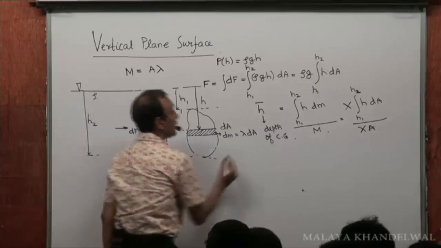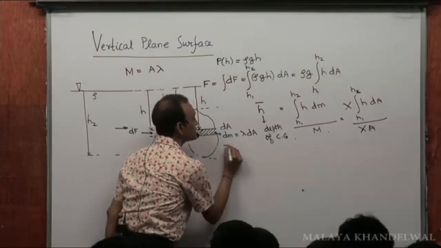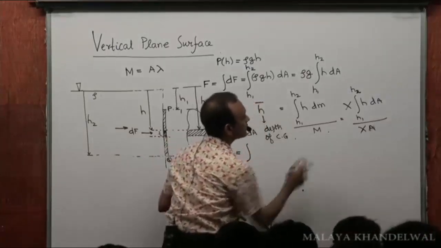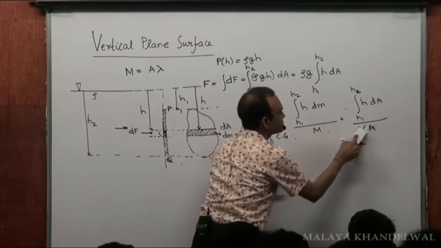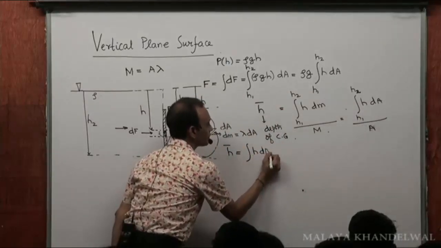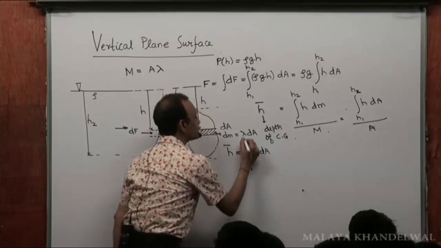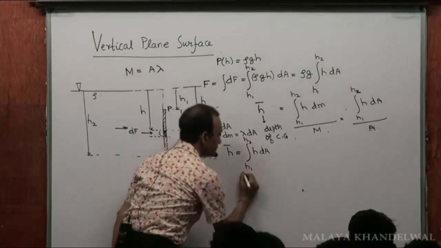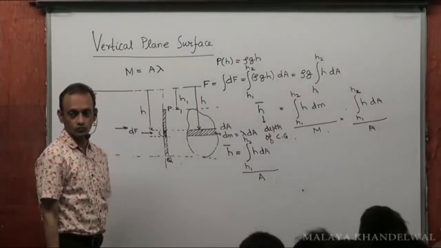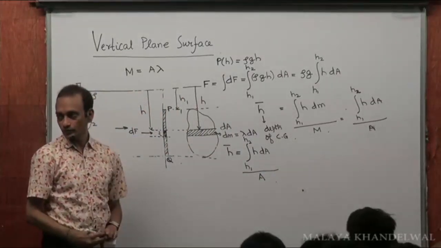That means h bar, the depth of the center of gravity, is integral h dA, h running from h1 to h2, divided by the total area A. Yes or no? Does it make sense to all of you?